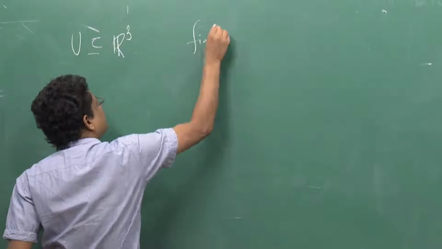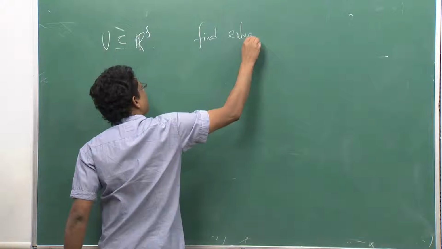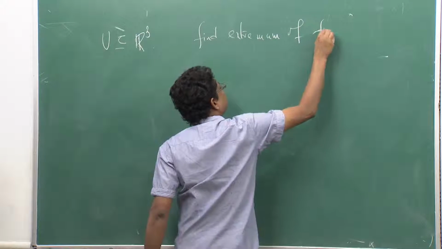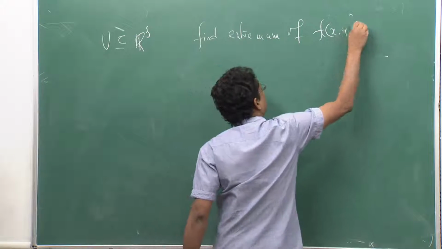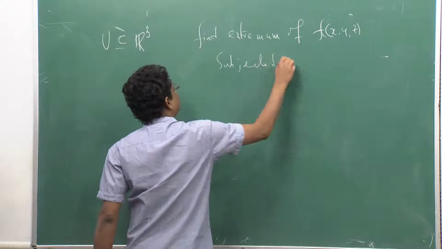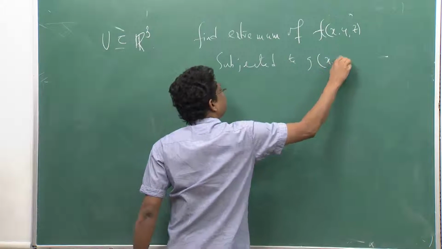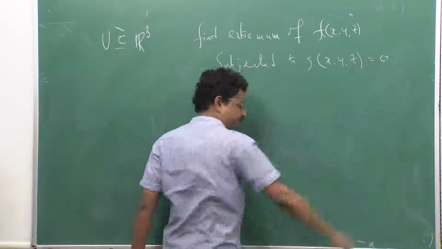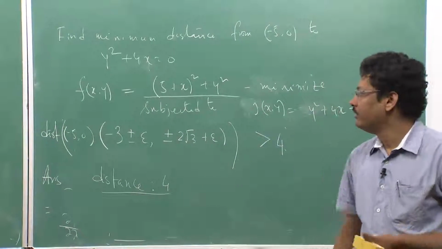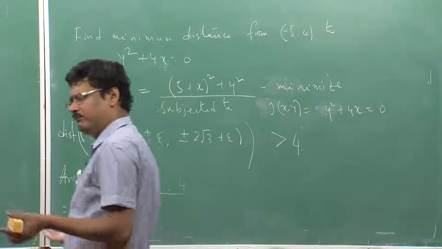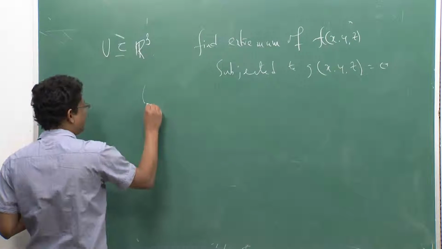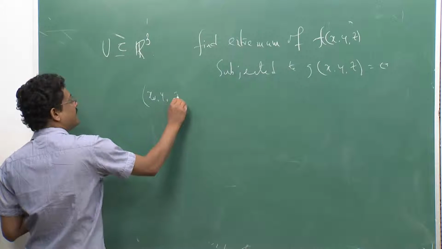So, you have to find an extremum subject to a surface, a level surface. The problem does not change a bit, it is the same. I will assume f and g have continuous partial derivatives, and suppose x naught, y naught, z naught is a possible candidate.